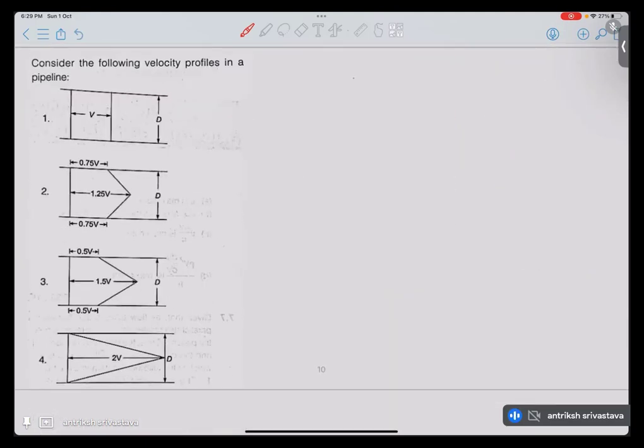Okay, so this is a big question. Let's see if we can solve this. When we talk about flow between two parallel plates, we get some velocity profile.